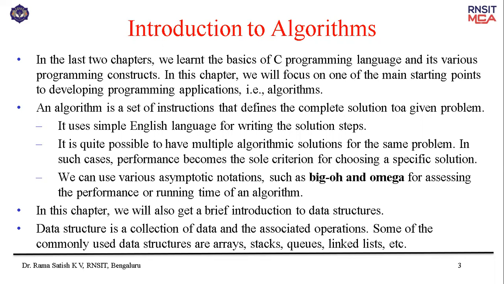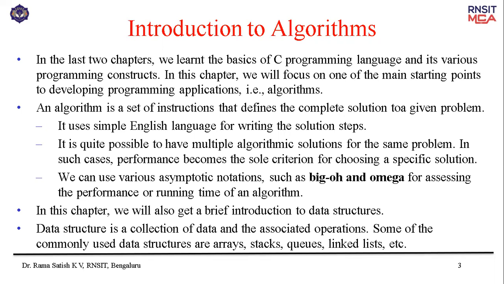Queue is a data structure, and based on a queue, you will perform some operations. Like linked list, etc. These are the things that you should understand. A data structure is nothing but a collection of data and its associated operations.